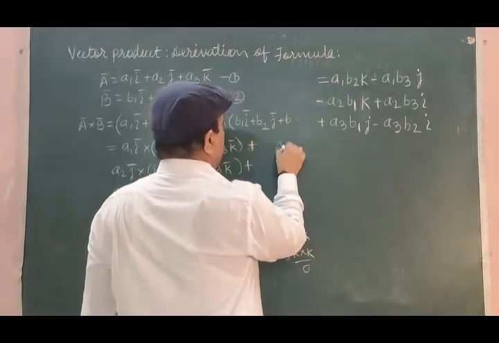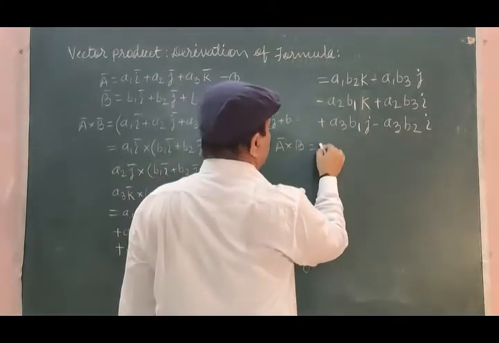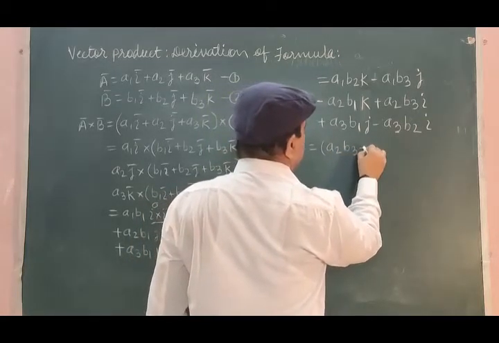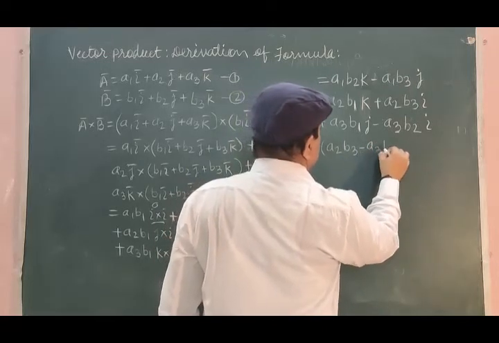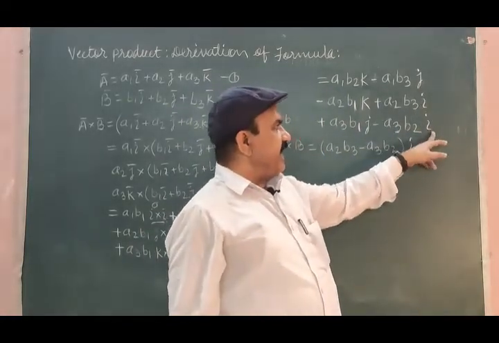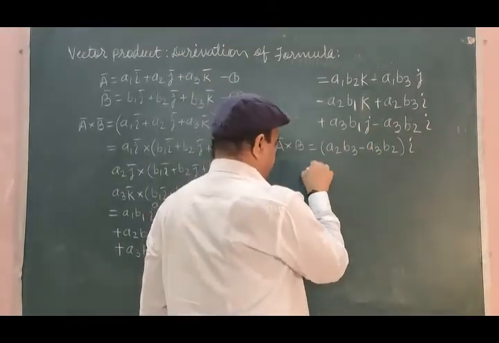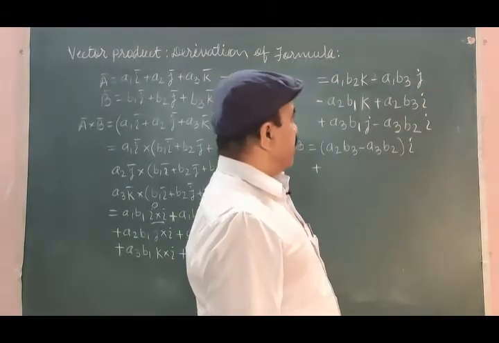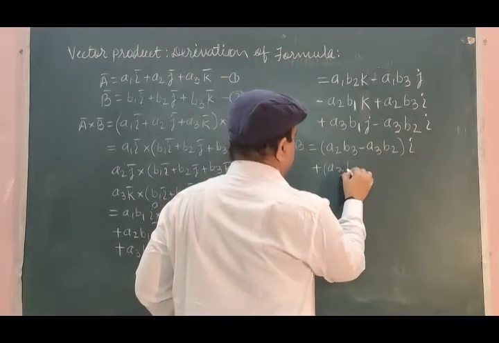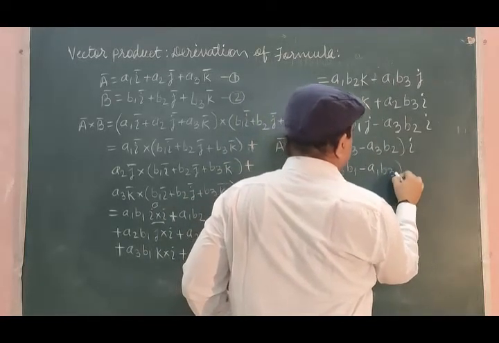So vector A cross vector B is equal to (a2b3 minus a3b2) i, taking i common. Plus, taking j common, this is plus a3b1 minus a1b3, j.